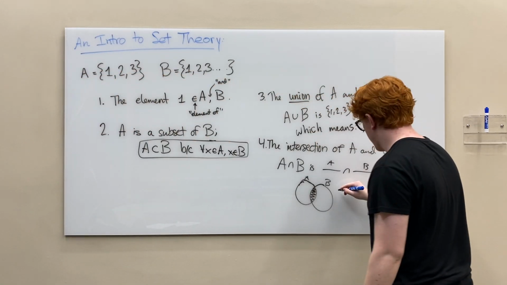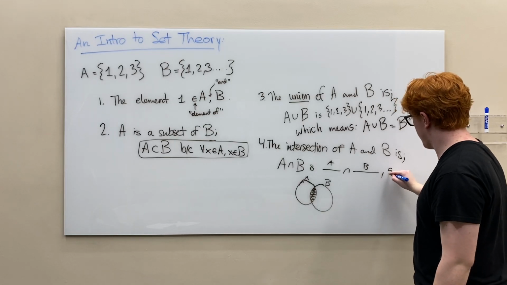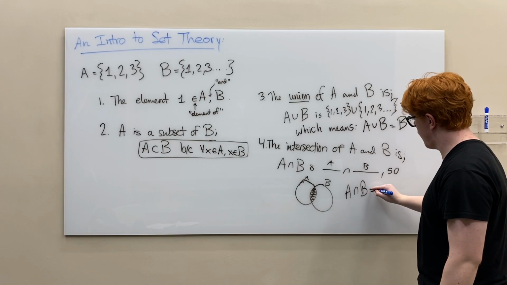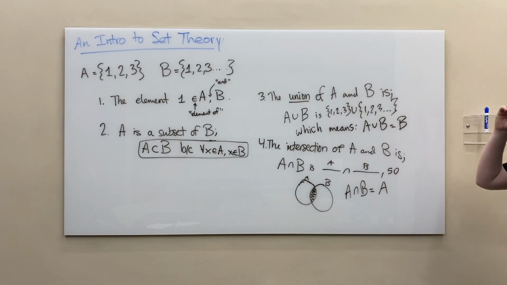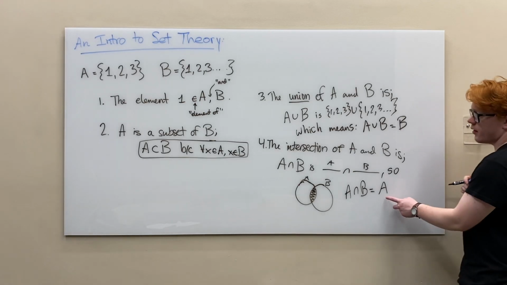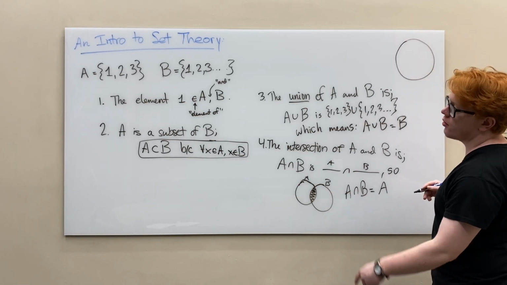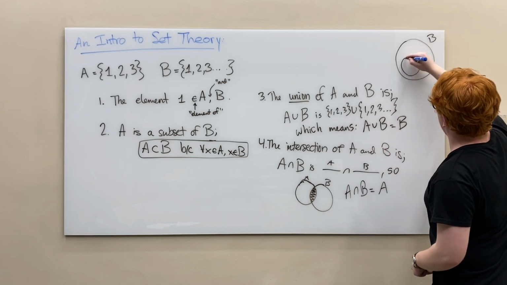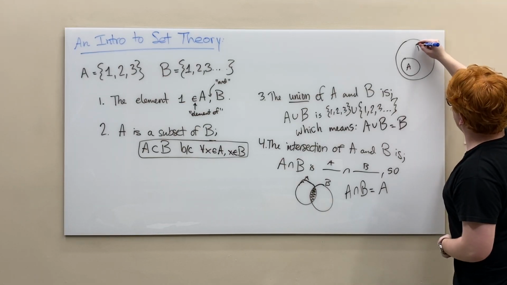So what we have is A intersect B is equal to A. And what this means, if we're using this image, and we've shown this earlier by saying A is a subset of B, is this is B, and this is A, right here.